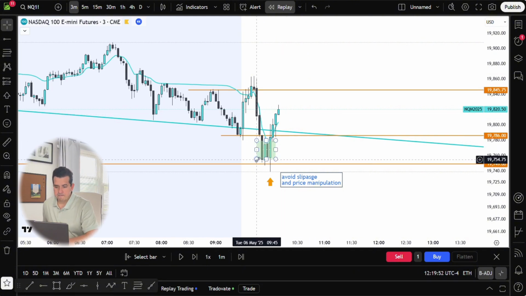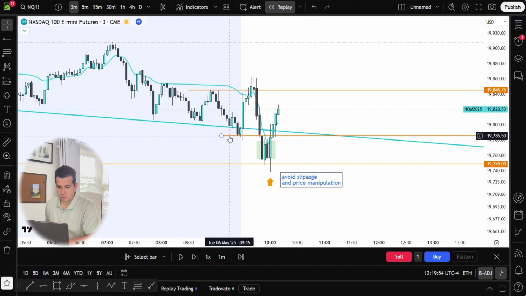Now as you can see, I believe I took the trade around this area right here. When I break this zone over here, as soon as this candle swept, the market took the liquidity out, and boom, it went up.